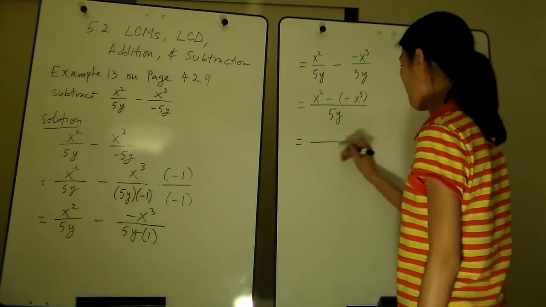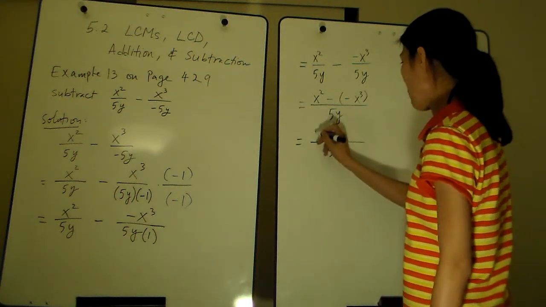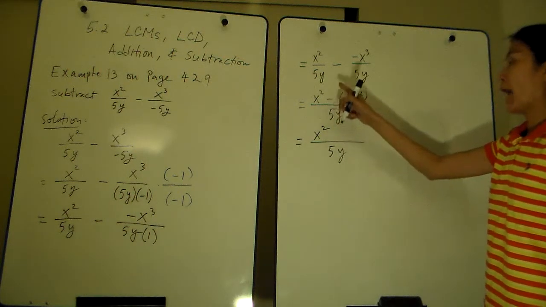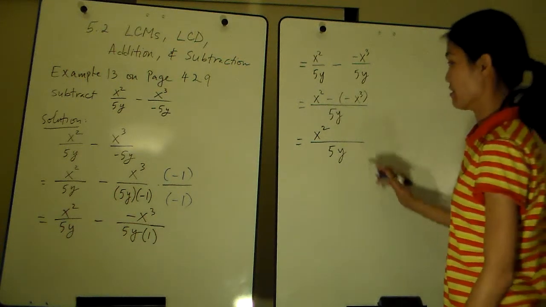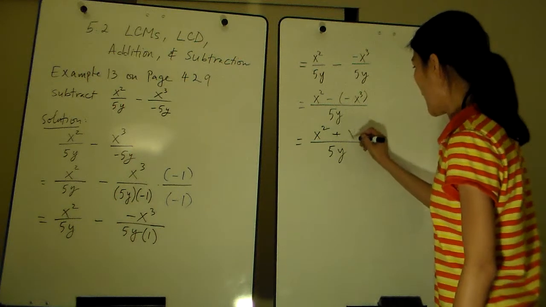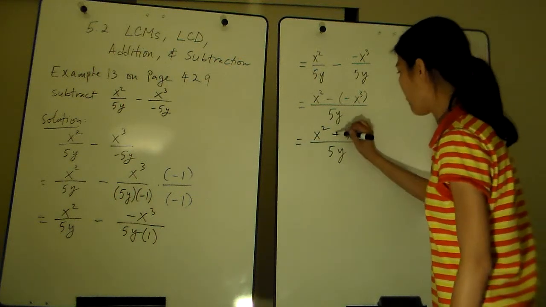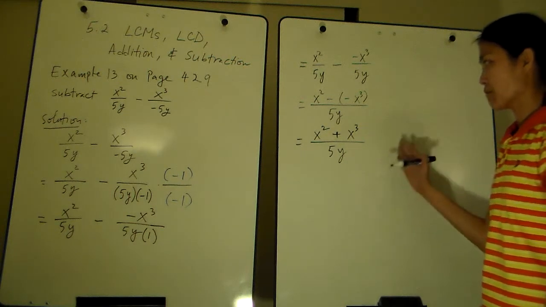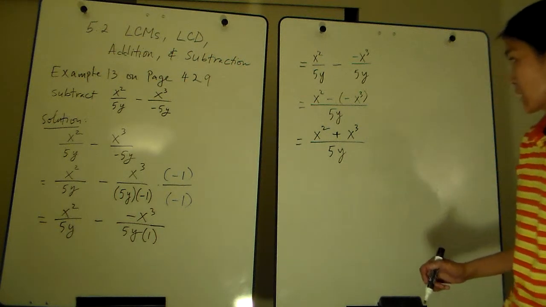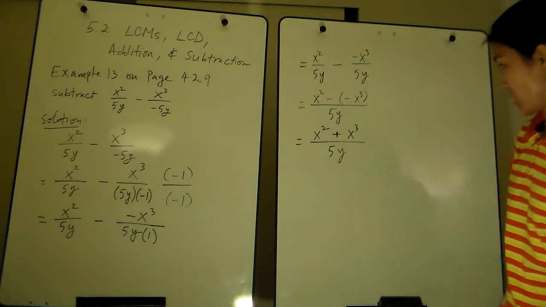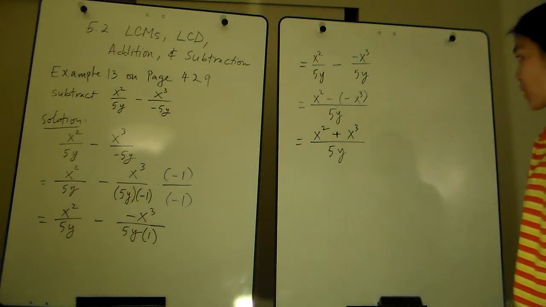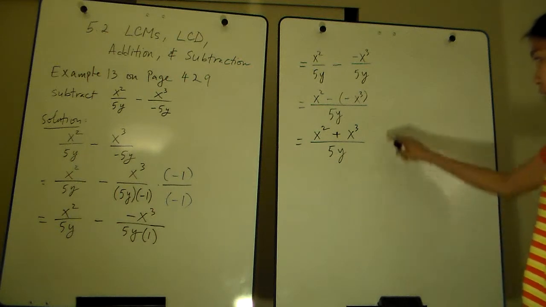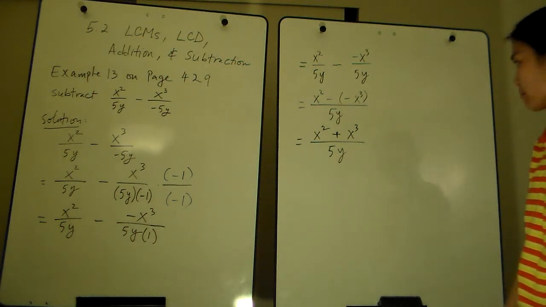Simplify further, you have x squared, multiply this out, distribute. Negative times negative is positive, so it becomes positive x to the third power. For this, you can finish the problem here because only x on top and only y at the bottom. That means you cannot simplify any further because x and y are different.